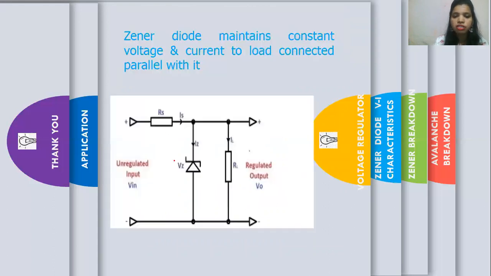And how? See this. This is the symbol of the Zener diode. This is the load resistance, and this is your series resistance. The role of the Zener diode is maintaining constant voltage as well as current across this load. The load is connected in parallel with the Zener diode, and the role of the diode is to maintain constant voltage across the load.